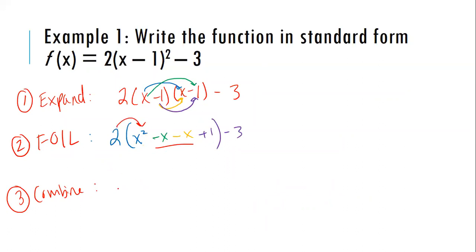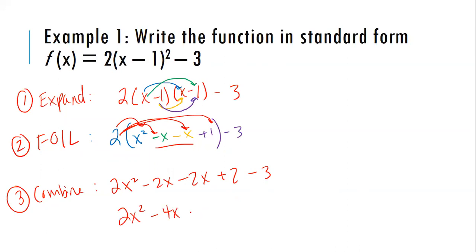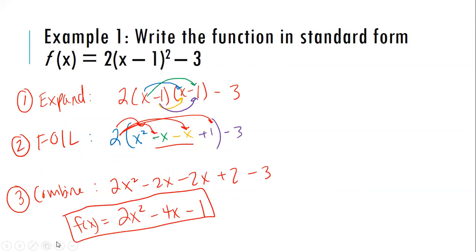So 2 times x squared, 2x squared. 2 times negative x is negative 2x. 2 times negative x, negative 2x. 2 times 1 is 2. Once you distribute, it gets rid of the parentheses. And now you're left with completing your combining. So we have 2x squared minus 4x minus 1. So f of x equals 2x squared minus 4x minus 1.